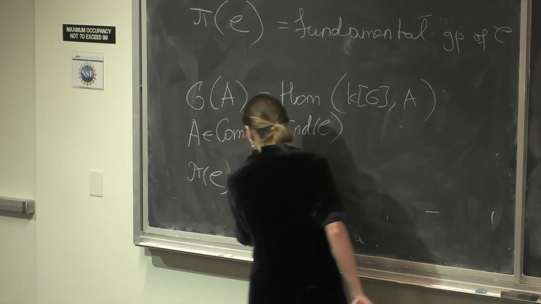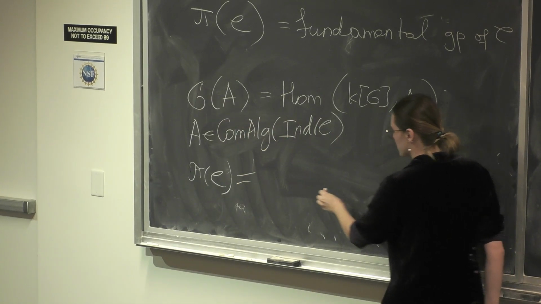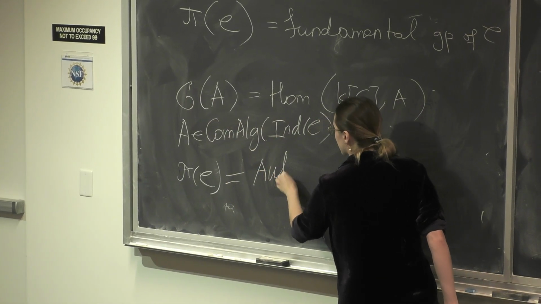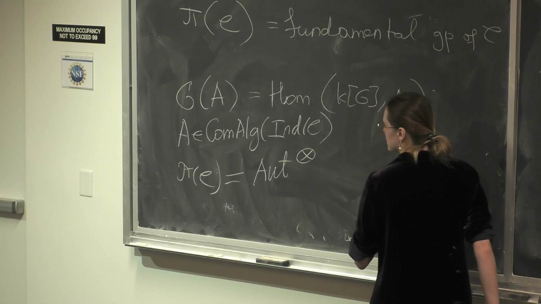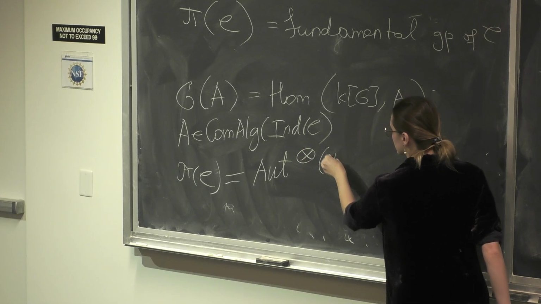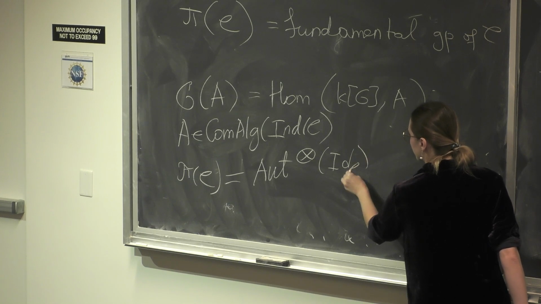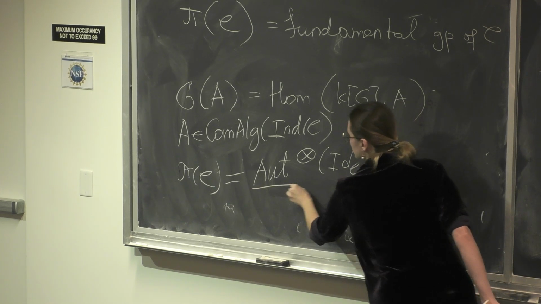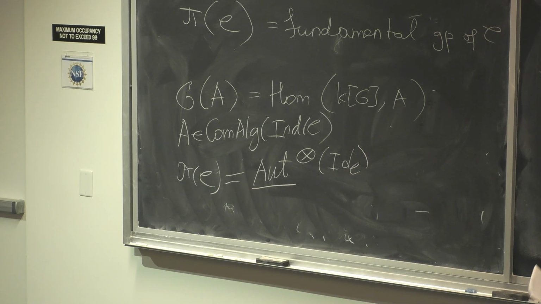Before, Kevin had this notation that you can take tensor automorphisms, in this particular case of the identity functor on C, and you want to turn it into a functor of points.